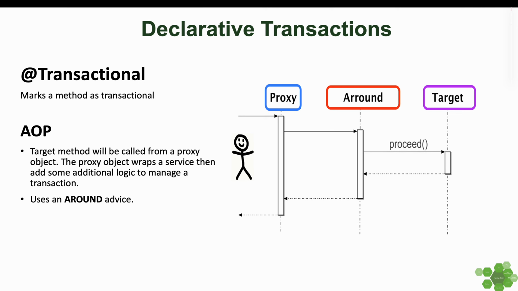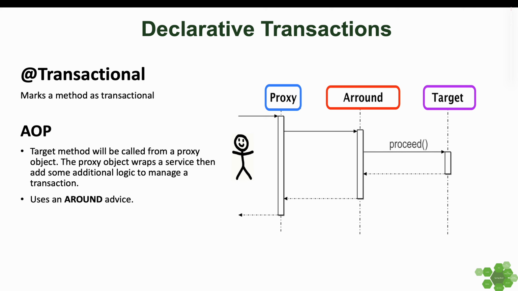So now the call to a method that is annotated with a transactional annotation, either directly or implicitly, indirectly, will go first to a proxy, because now Spring is in control. Then the proxy object will wrap around that functionality. So the proxy will inject some transactional behavior inside that particular execution.